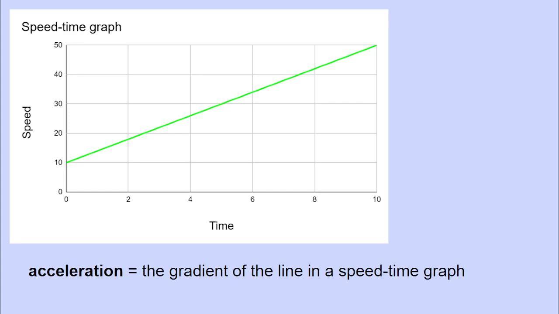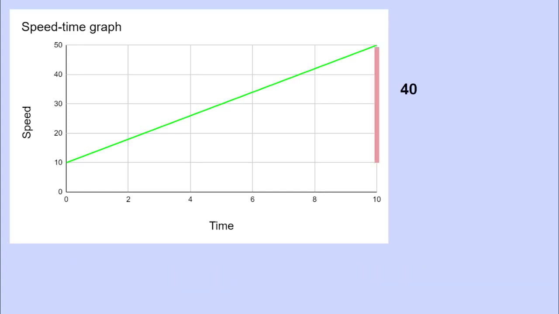Okay, so what we need to do is get this measurement, 40. How have we come up with this measurement, 40? We have taken 50 and taken away 10 from the 50.